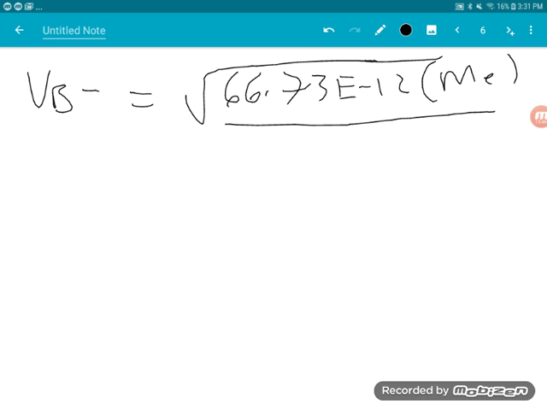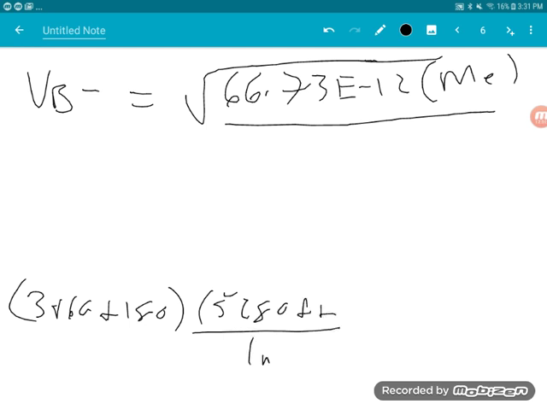We have 3,960 plus 180 multiplied by 5,280 feet per 1 mile, times 0.3 meters per foot. Miles cancel with miles, feet cancel, and we're left with meters.